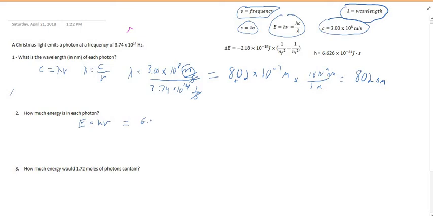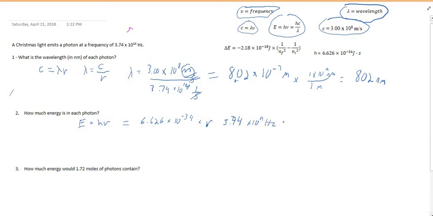It is 6.626 times 10 to the minus 34th, times the frequency, which I gave to you, which is in this case 3.74 times 10 to the 14th hertz.